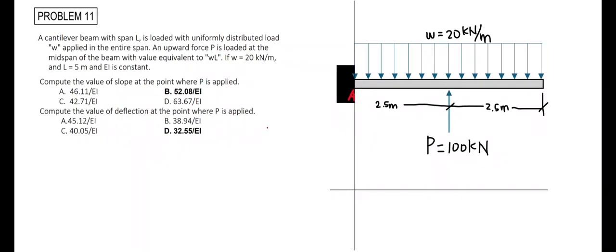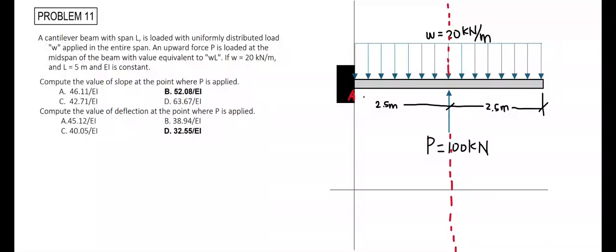Now to solve this problem using the area moment method, first we will establish a reference line where we will draw our moment diagram by parts. So let's say it's right at the center of this cantilever beam, and then we take the moment induced by all reactions and forces found in this beam.